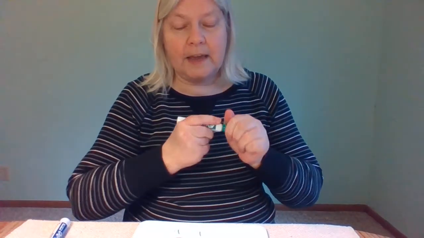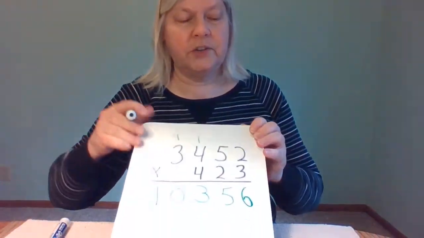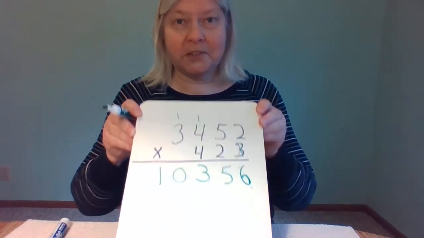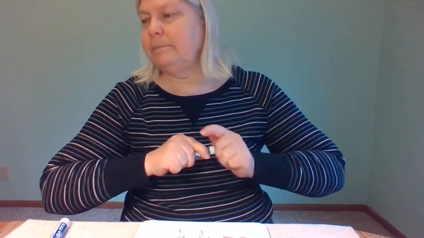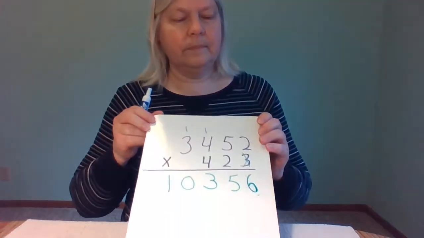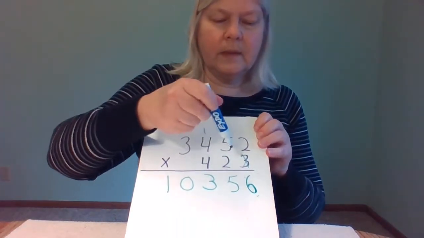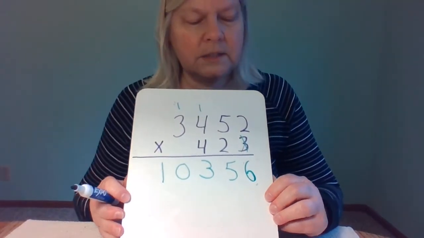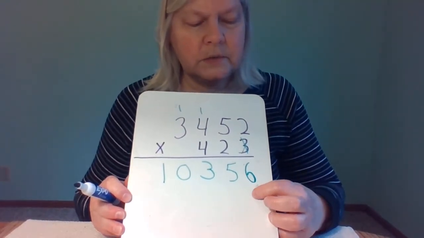Our units partial product is done, so let's go ahead and cross off that number in the multiplier's units place. Let's do our tens partial product, and I'm going to get out the blue pen for the tens. The very first thing in our partial product is something that needs to go right here.